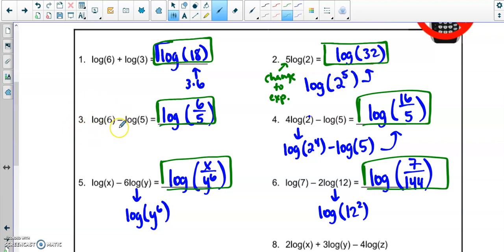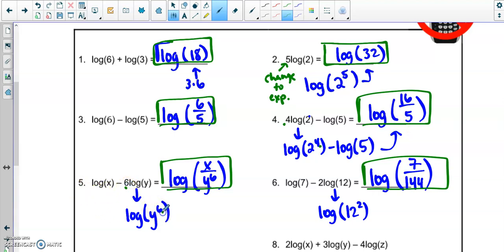We use the quotient rule in number 3, so we get 6 divided by 5 inside the parentheses. In number 4, we have to combine today's rule where we take the 4 and we turn it into an exponent. And then we divide our values because we use the quotient when we subtract. So 2 to the 4th is 16, divided, since it's minus, by 5. Very similar deal here in number 5.